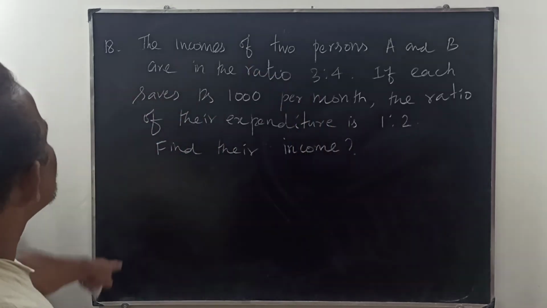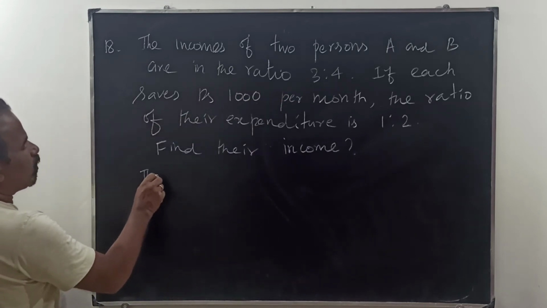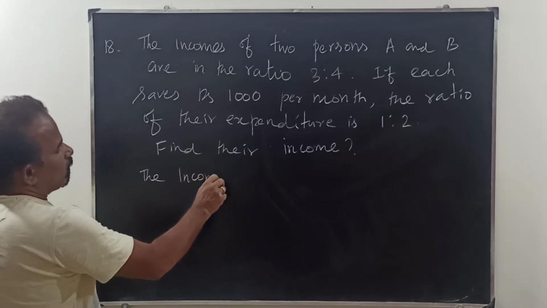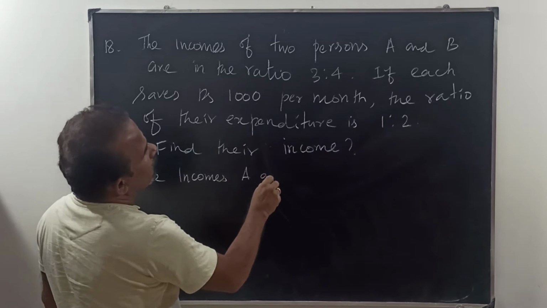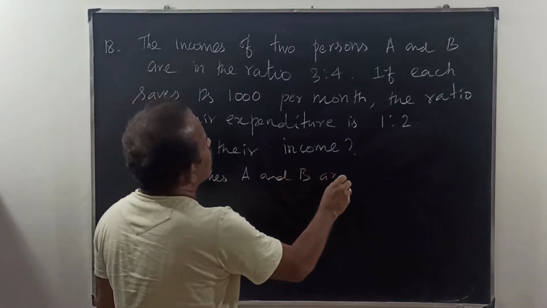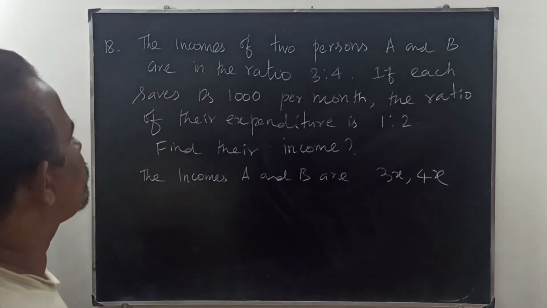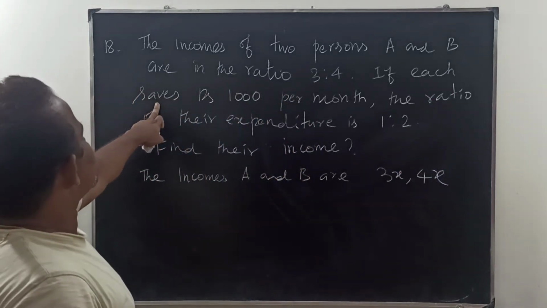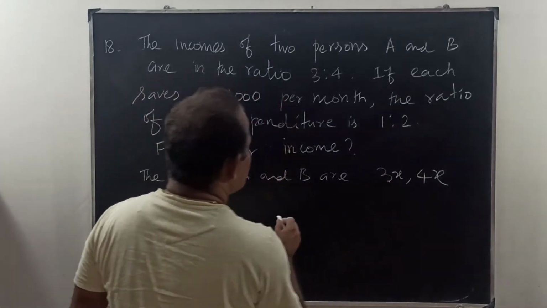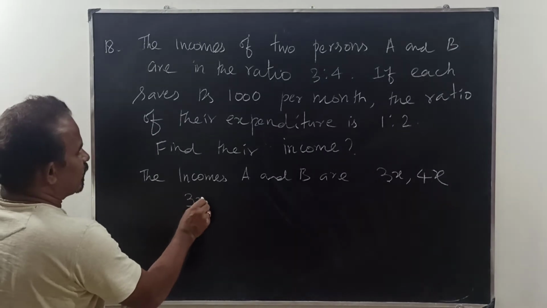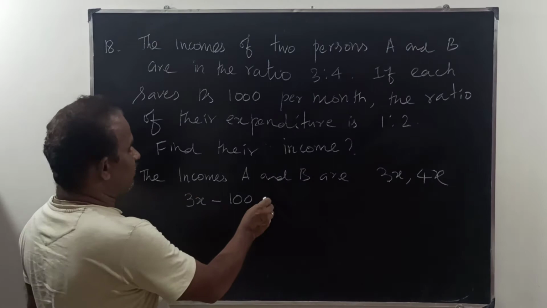Okay. So the income ratio is given. So let us take the incomes of A and B as 3x, 4x. If each saves rupees 1000, then income minus savings is equal to expenditure.